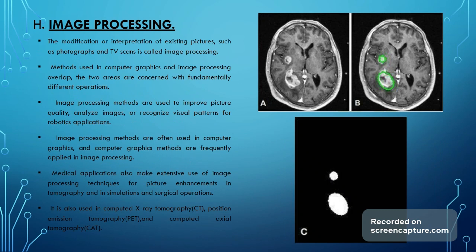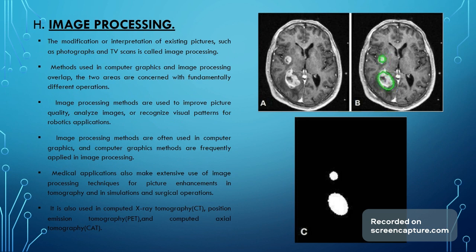The next and most important application of computer graphics is image processing. The modification or interpretation of existing pictures, such as photographs and TV scans, is called image processing. Image processing plays a very important role in the medical field to diagnose and plan treatments.